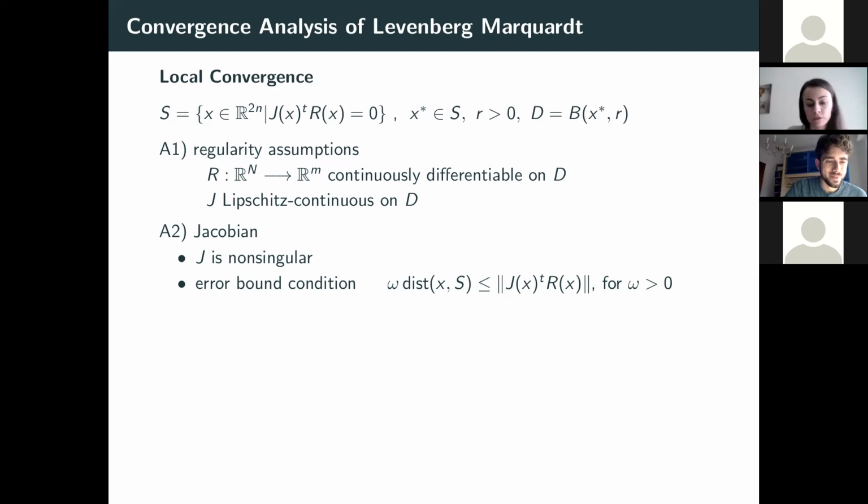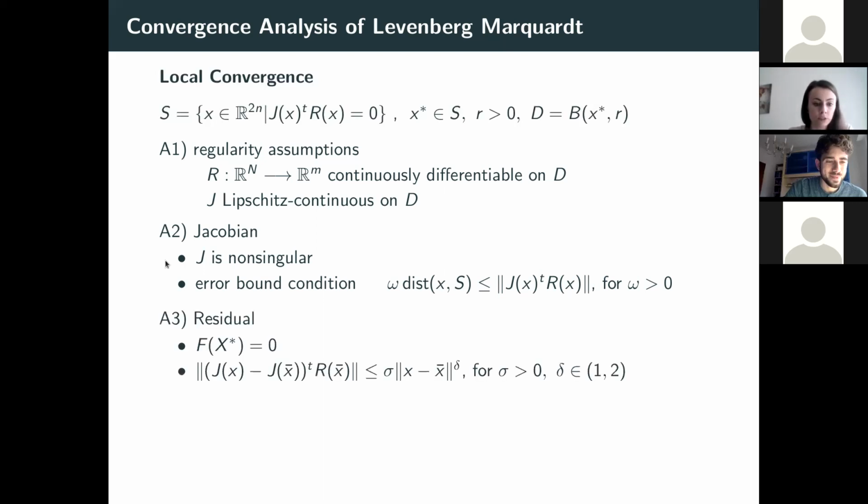So this assumption of non-singularity can be annoying sometimes. So in literature, it's often replaced with an error-bound condition, which is an inequality of this kind, which basically controls how the function changes around stationary points.